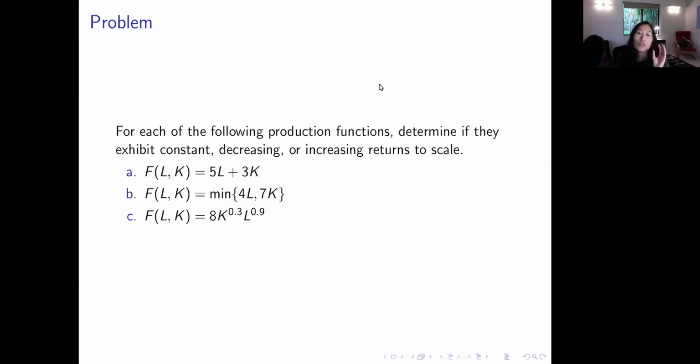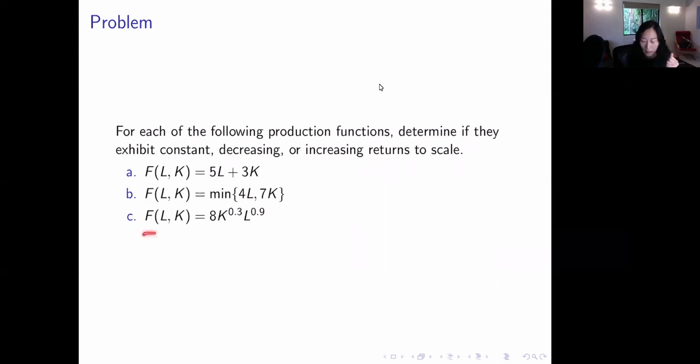You have to consume x and y in the same proportion at a certain ratio. In this case, it could be interpreted that inputs L and K are perfect complements. So the firm has to employ a fixed input mix between L and K, because L and K are perfect complements for this production.